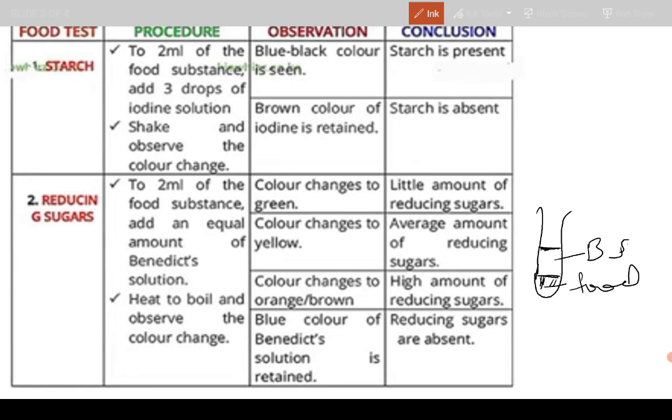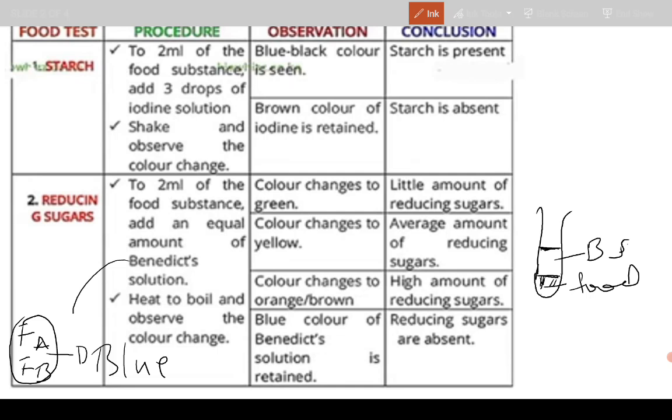Very important. I mentioned in one of the videos that Benedict's solution is made up of 2 solutions, Fehling's solution A and Fehling's solution B. When these 2 are mixed, they form a blue solution.